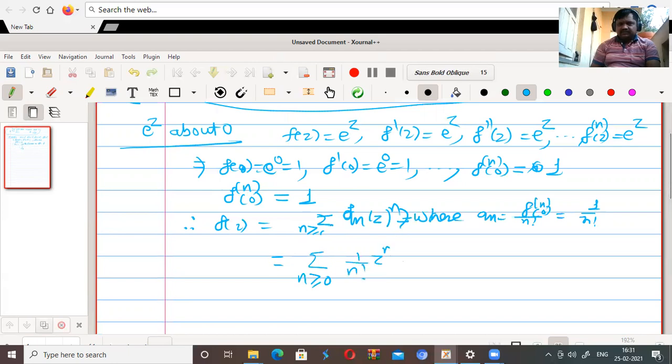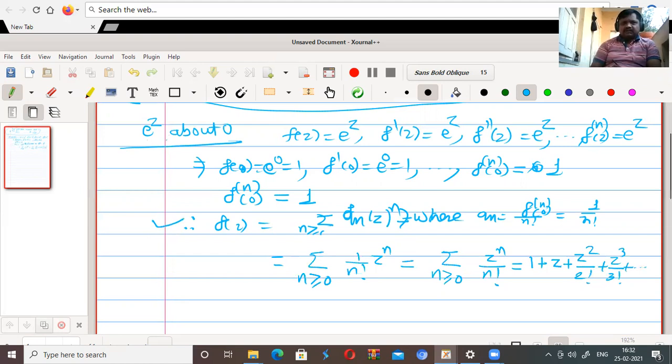Therefore this becomes summation for all n greater than or equal to 0 of z raised to n upon n factorial. By putting n equal to 0 we get first 1, plus n equal to 1 gives z, plus z square upon 2 factorial plus z cube upon 3 factorial, and so on. This is your f of z.